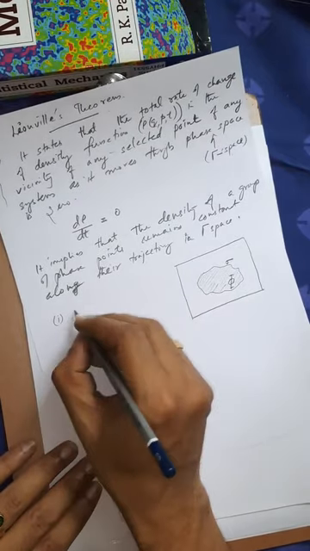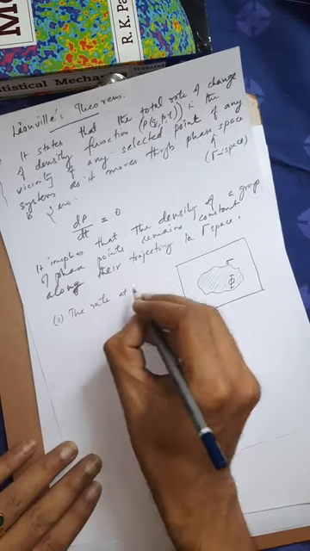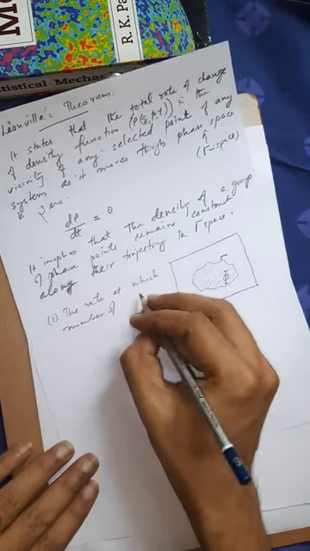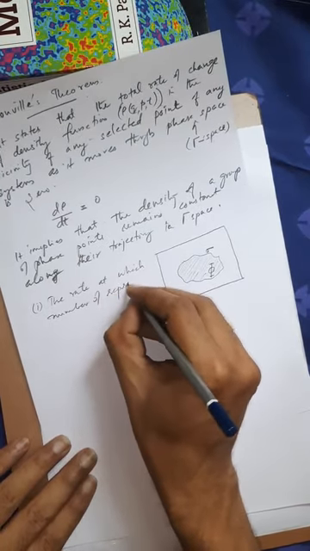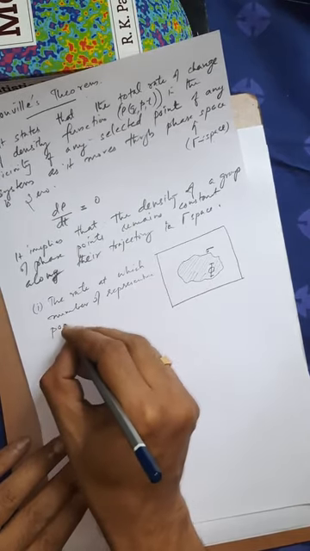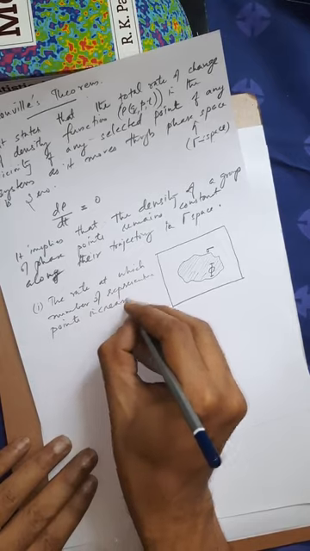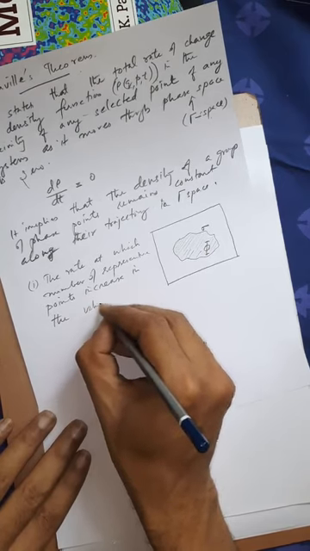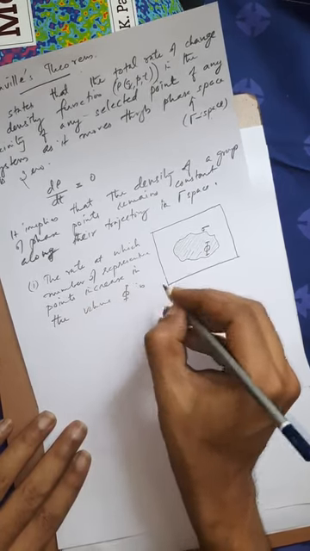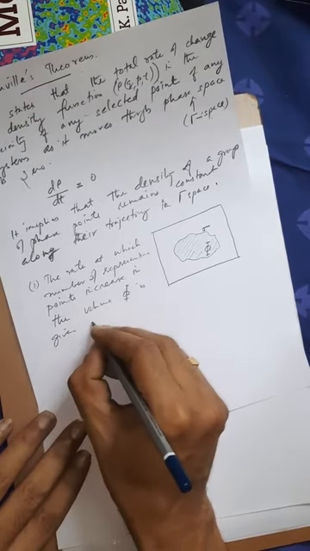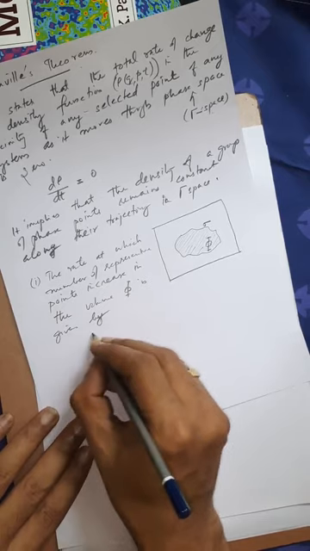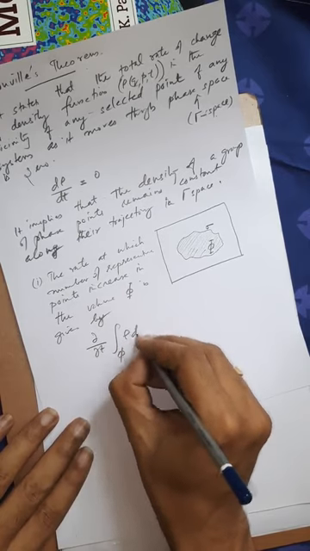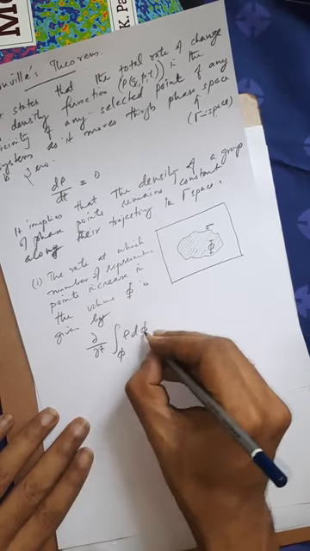So I can write that the rate at which the number of representative points increase in the volume phi can be represented as given by dou by dou t of the integral over phi of rho d phi, right?